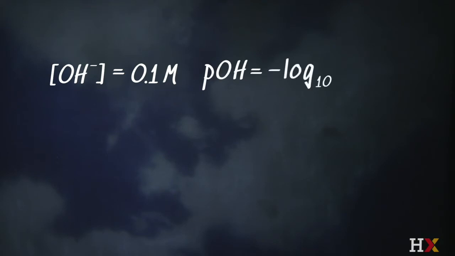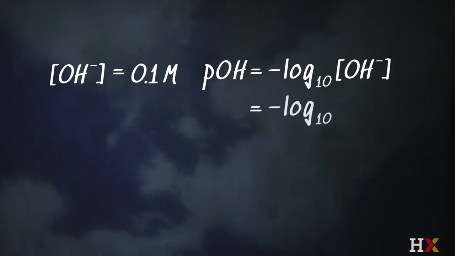That is, we'll have 0.1 molar of the OH minus. Now we can calculate the pOH of that. That's equal to minus log to the base 10 of the OH anion. This gives us minus log to the base 10 of 0.1, which gives us plus 1 for pOH.